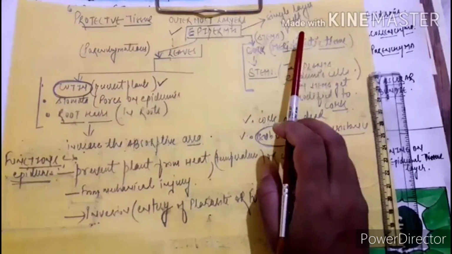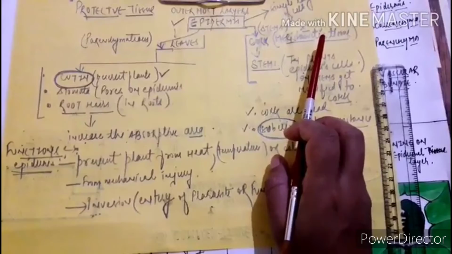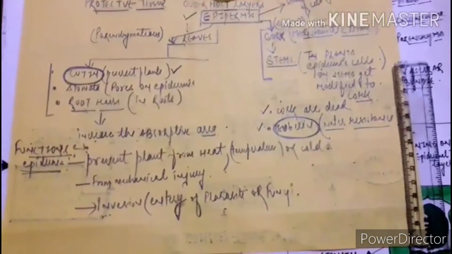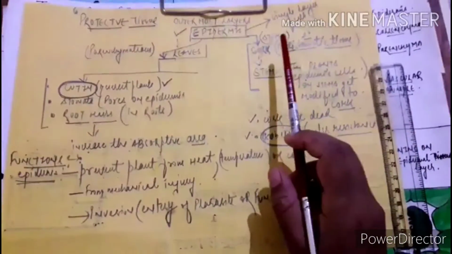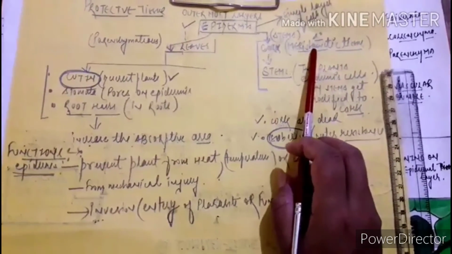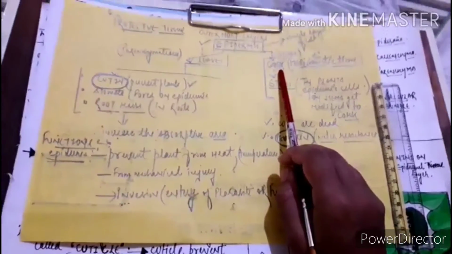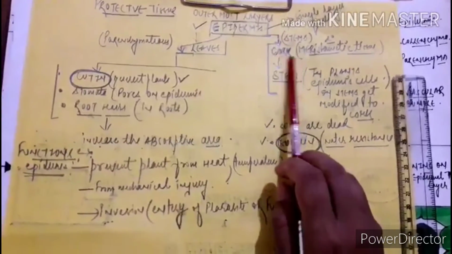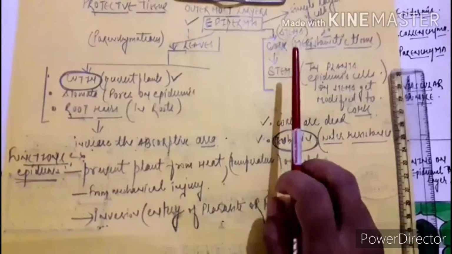I told you that when lateral meristem divides, it increases the girth of the plant. Intercalary meristem also increases the girth of the plant. So when these secondary meristematic tissues become cork, they lose their dividing capacity, and around the stem they become a protective layer. This protective layer is called cork or bark.